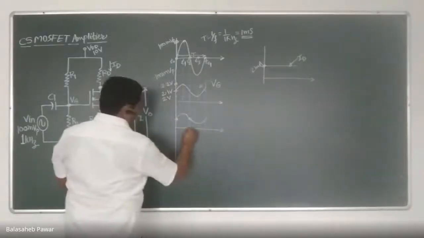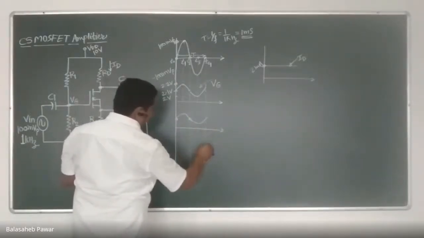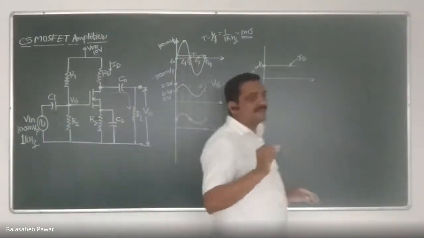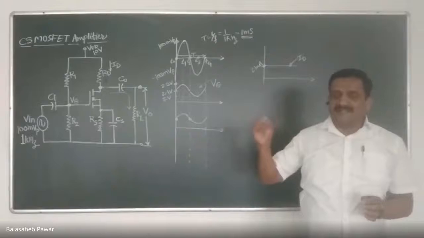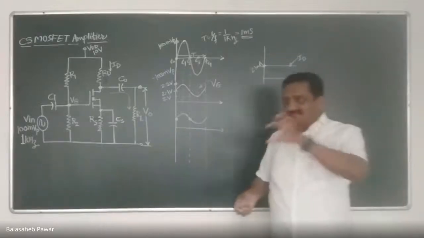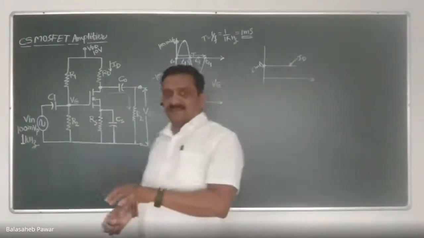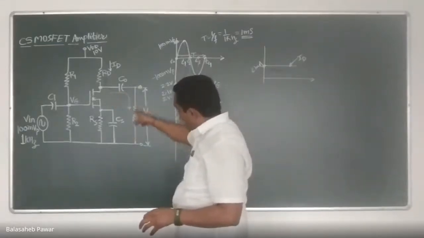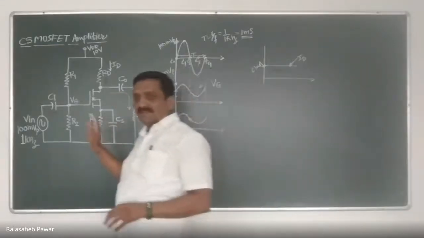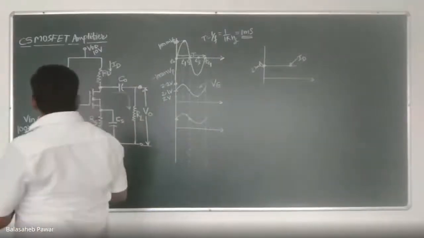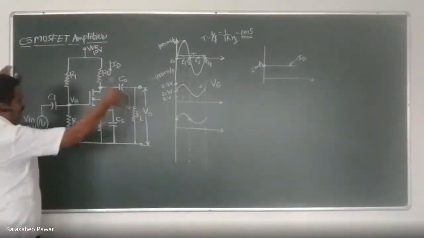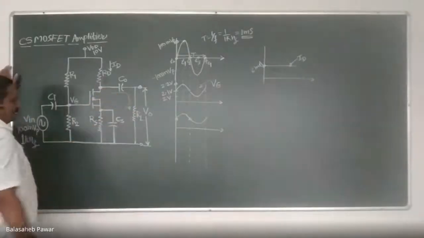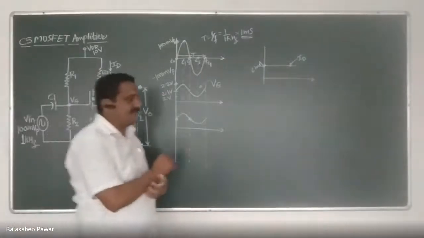And later on, at t equals t1, that current component, that ID, will have DC values as well as some AC components, and that AC component will get passed through this capacitor, and then it will flow through RL. It is like this, right? We are simply measuring the voltage at the drain with respect to that common line, or we can say with respect to source, right?